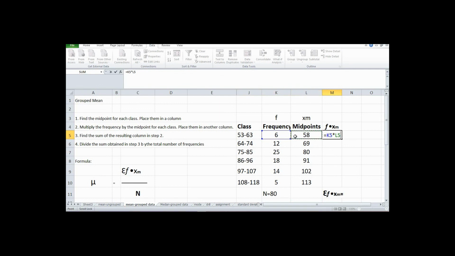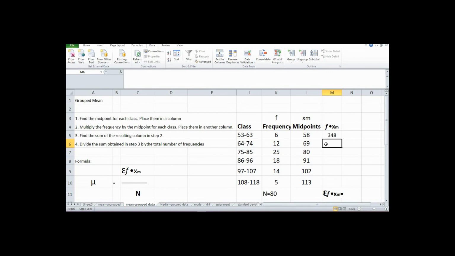So we have K5 times L5, which is here, L and 5. So we will have now the value for f times xm. So we have 348.